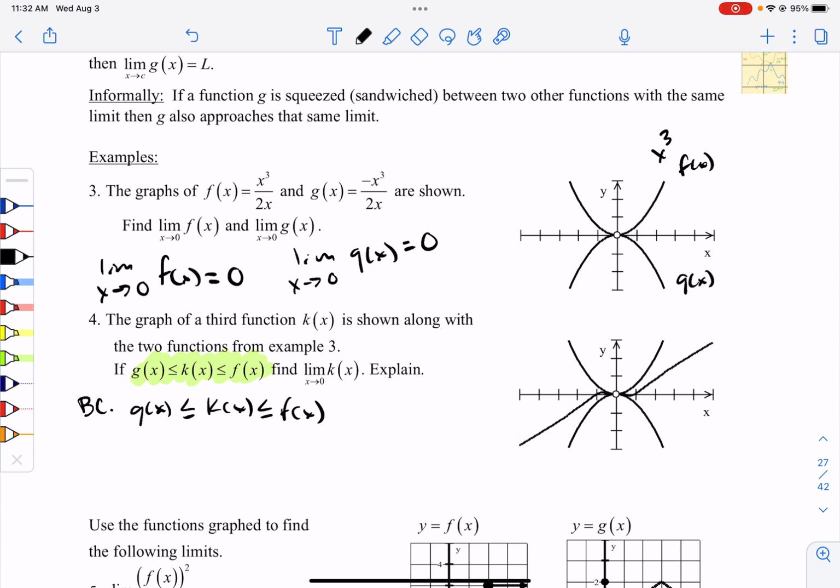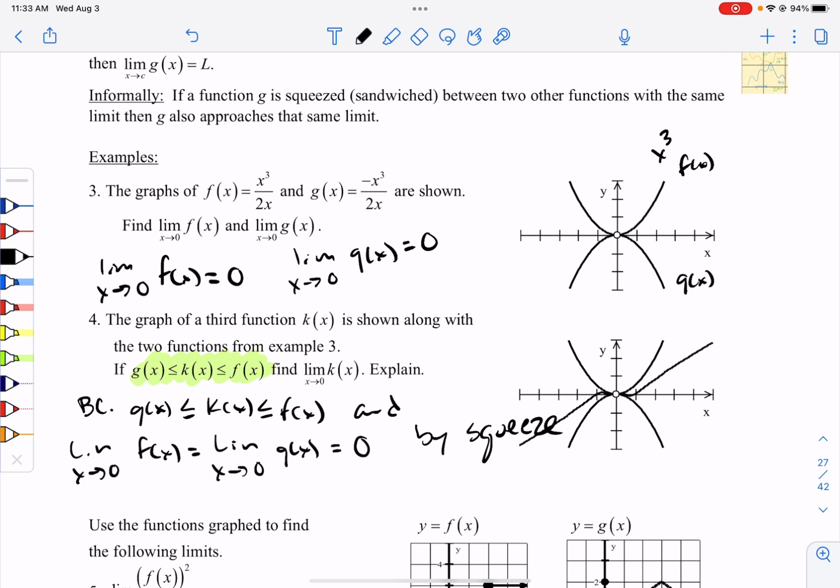Because that is true, and the limit as x approaches 0 of f of x equals the limit as x approaches 0 of g of x, which equals 0, by the squeeze theorem, the limit as x approaches 0 of k of x is also equal to 0. All right? Because k is in the middle, and because the top and the bottom go to 0, then k has to go to 0 because it's in between those other two functions.